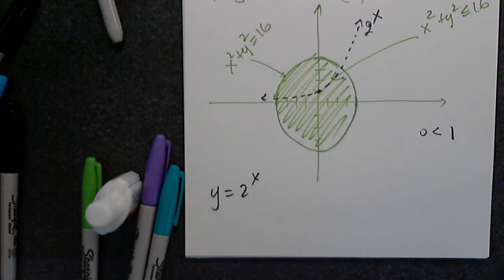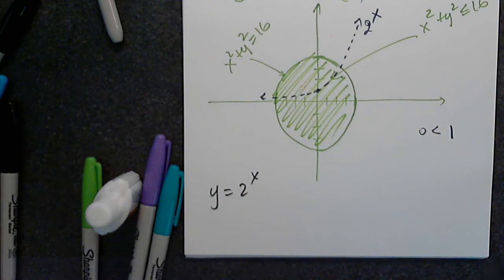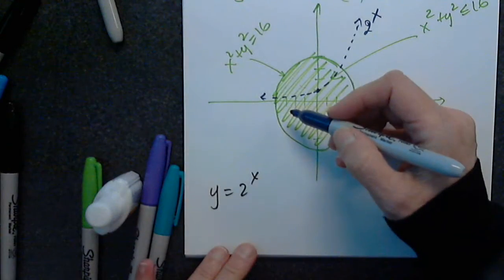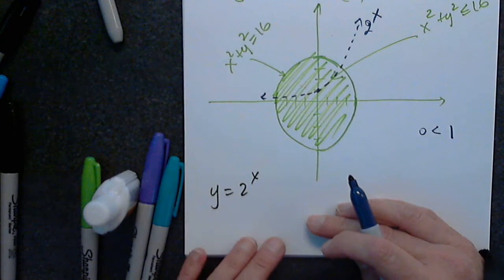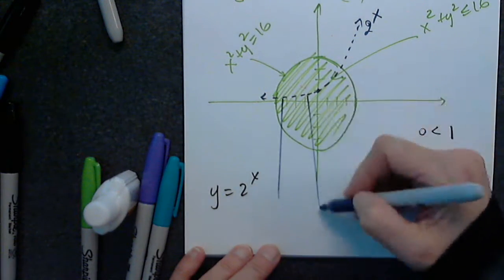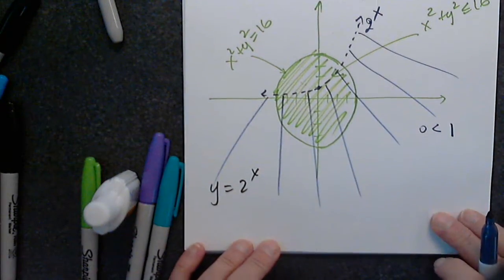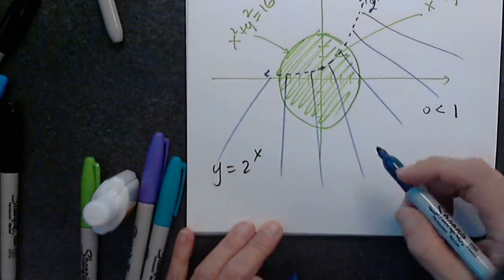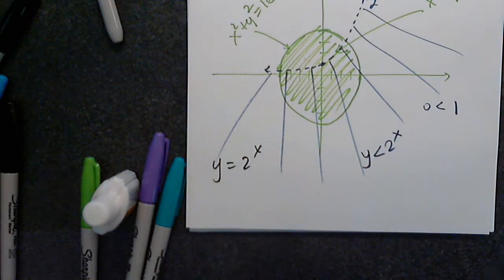If you say this is false, then I will have to shade the opposite. Is 0 less than 1? Zero is less than 1. So then all this purple, whatever color this is, is y less than 2 to the x.